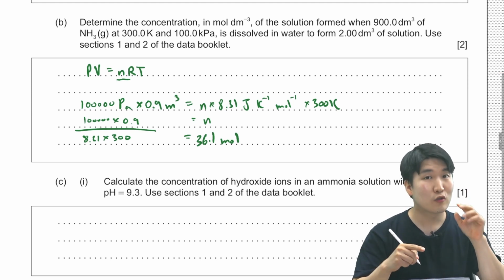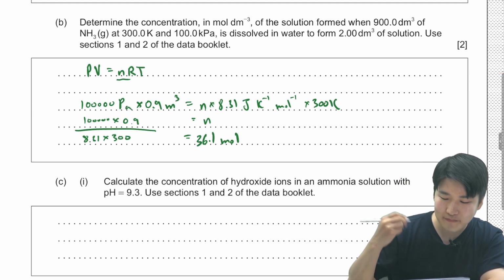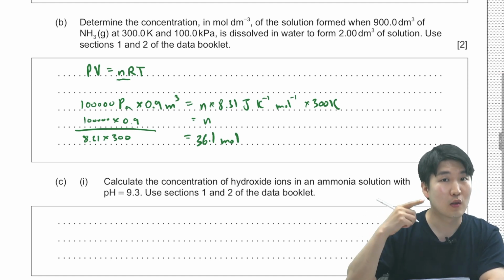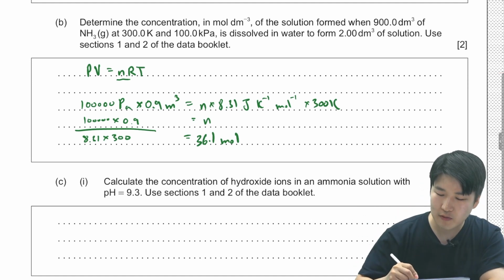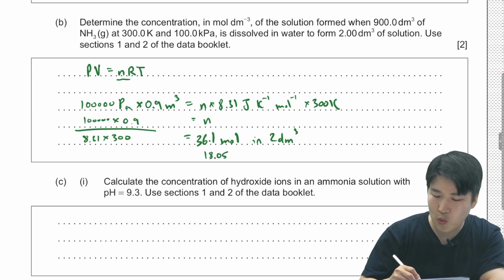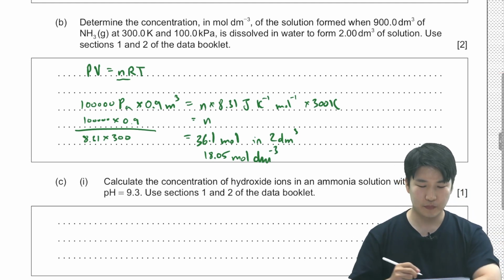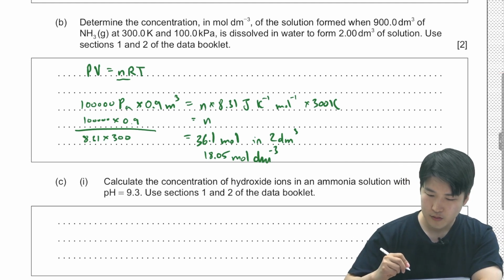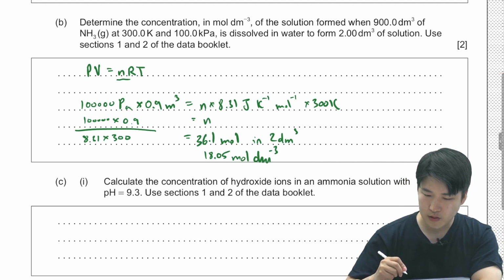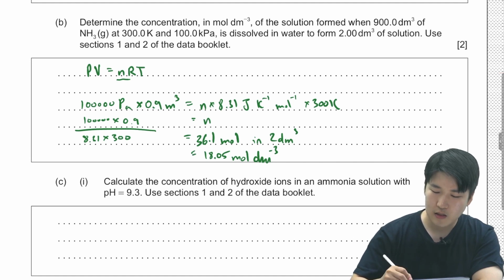Let's dissolve that in 2 dm cube of water, meaning that in every dm cube of water, we will have 18.05 mole per dm cube of ammonia concentration. Just in case, let's round up our concentration value to 3 significant figures.